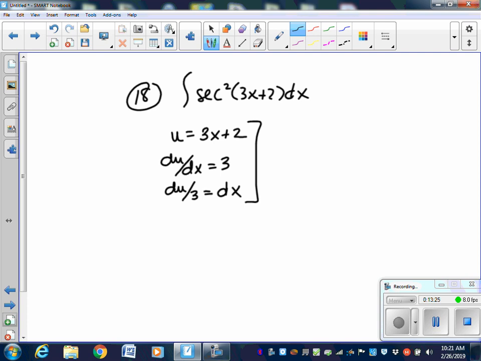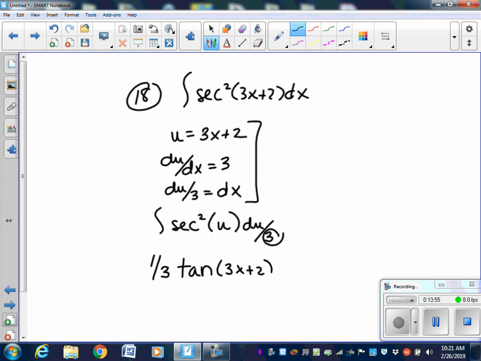I need to see that because we're using u substitution, and now all you're doing is substituting. You're going to integrate the secant squared, and 3x plus 2 equals u, and the dx equals du divided by 3. So our final answer, I need to have a 1/3 in my problem from here. And the antiderivative of secant squared is tangent of the u, and the u in this problem is 3x plus 2, plus c. Final answer.